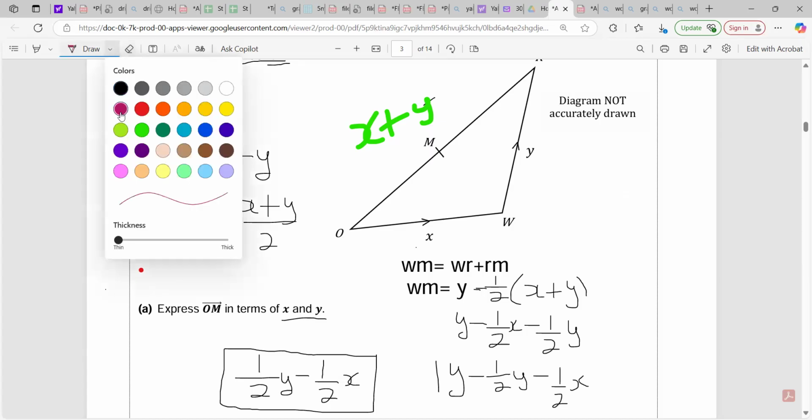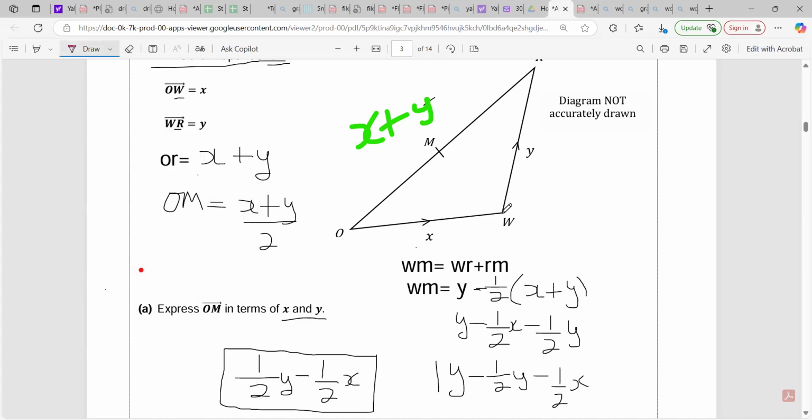Let me highlight what we're doing. Remember, we're going from W to M, and there's more than one route you can take. So we're going to go this route from W to O and then from O to M, instead of doing the other way. All right, so from W to M.